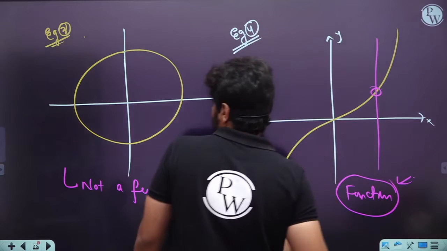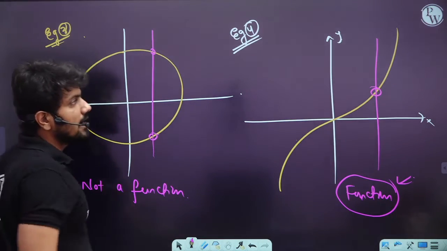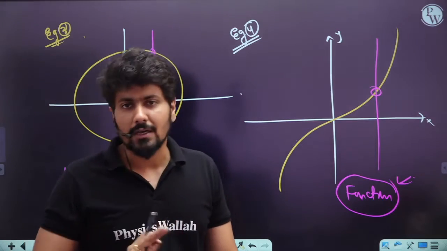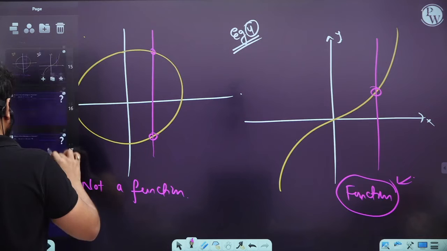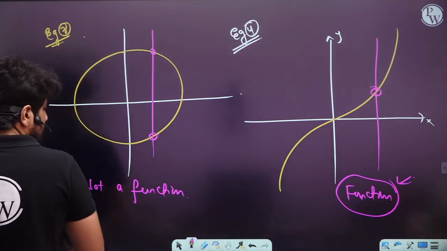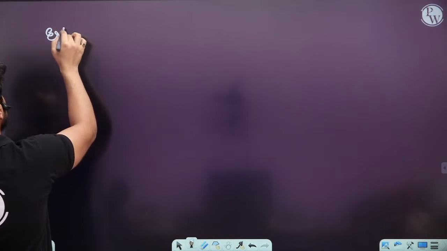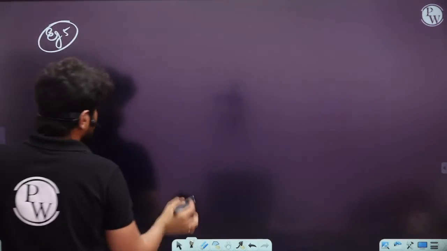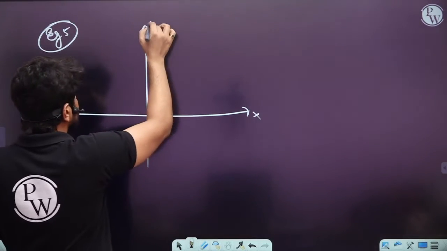So I hope you have understood how to identify whether a graph is a graph of a function or not. Like y is equal to modulus of x, right? Everyone knows what the graph of y equals modulus of x looks like.